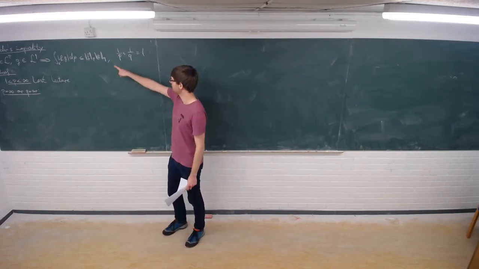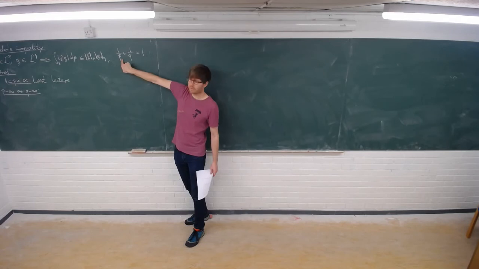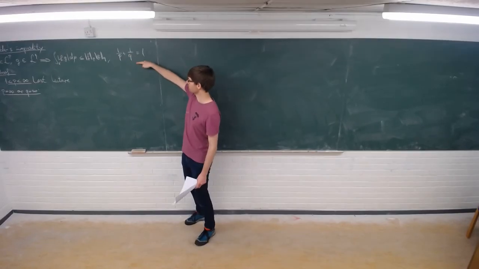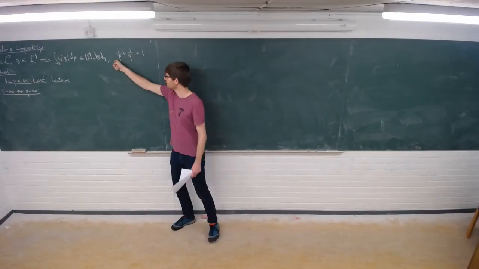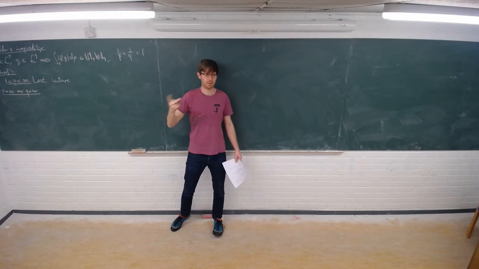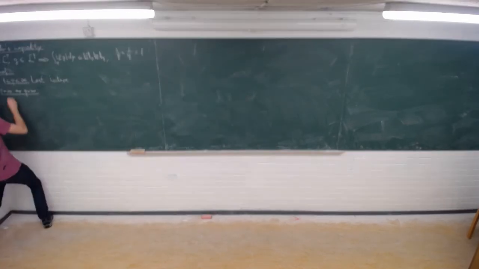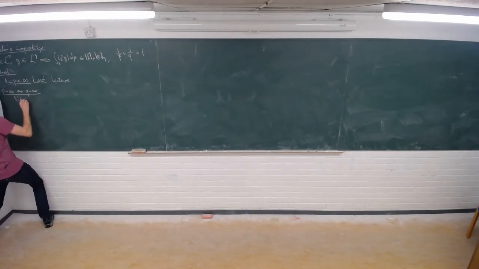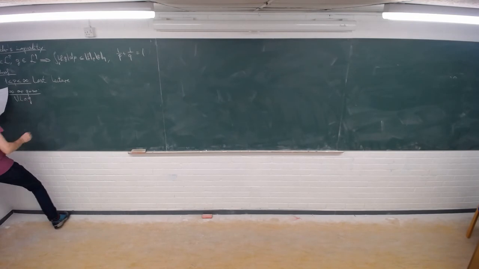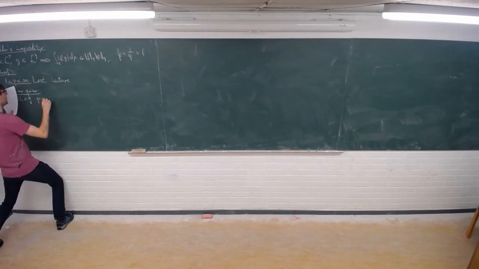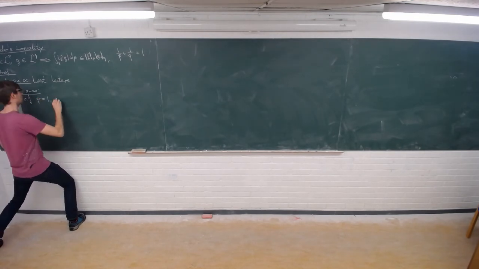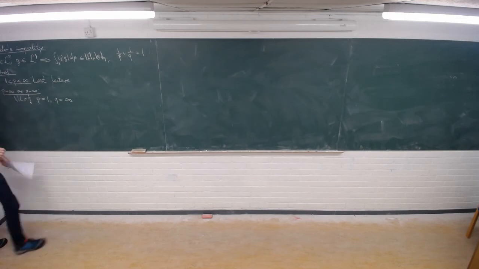Note that if p is infinity, then because 1 over p plus 1 over q has to be 1, q must be 1, and the other way around. So without loss of generality, we can just treat the case p equals 1 and q equals infinity.